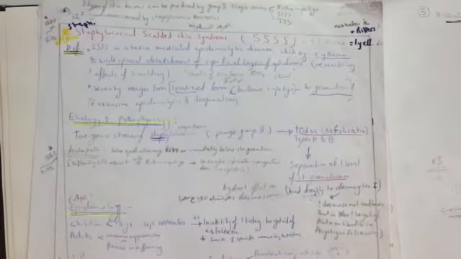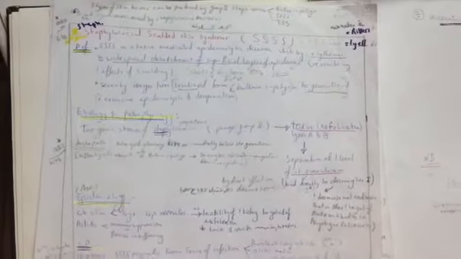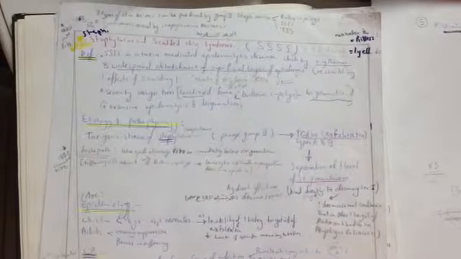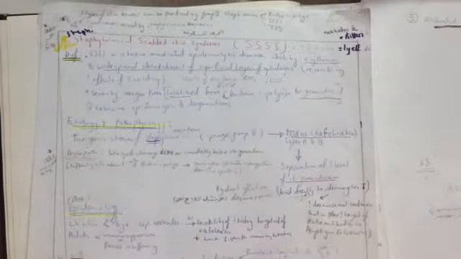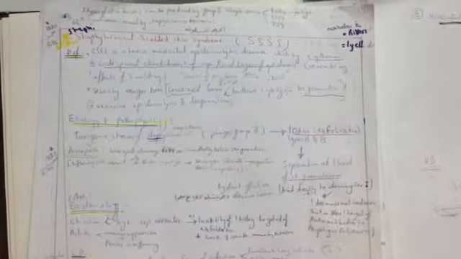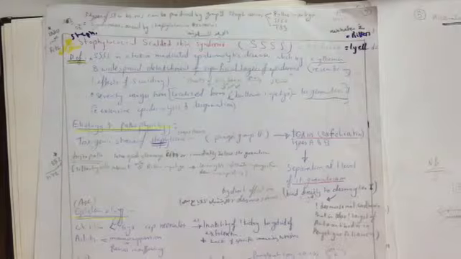Severity ranges from localized form, bullous impetigo, to generalized with excessive epidermolysis and desquamation. There is widespread detachment of superficial layers of epidermis, like sheets of erythema, after that scalding effect.